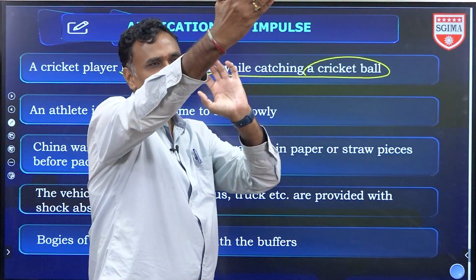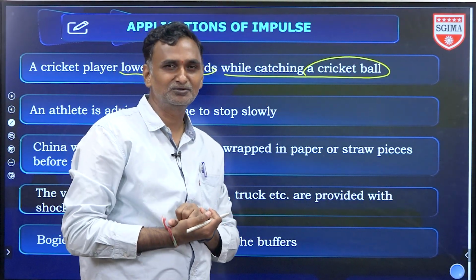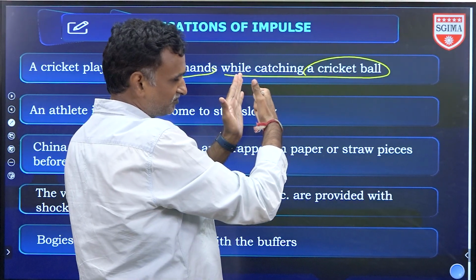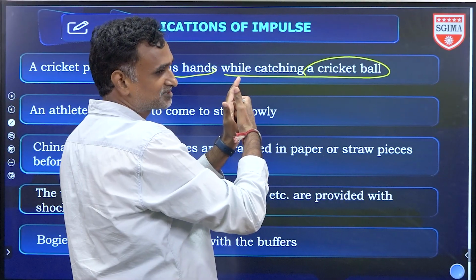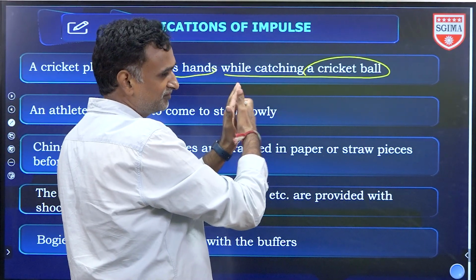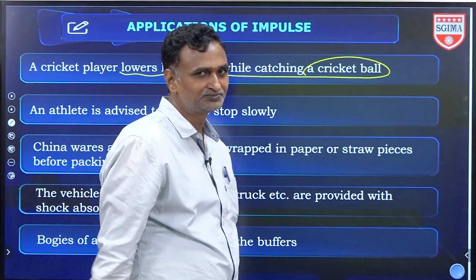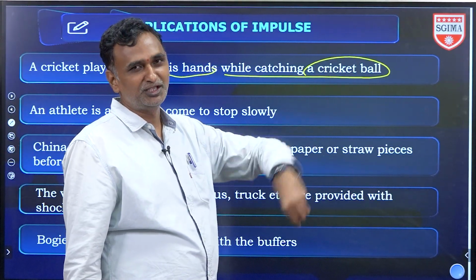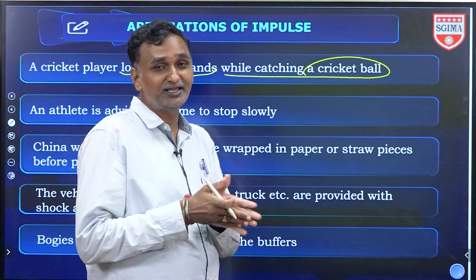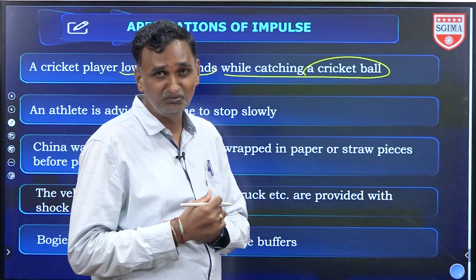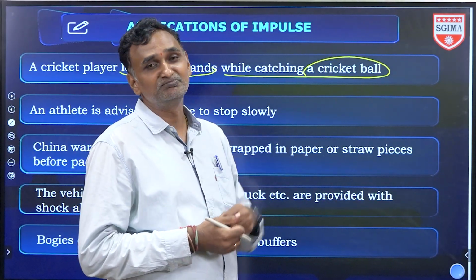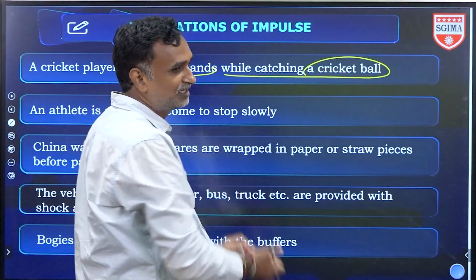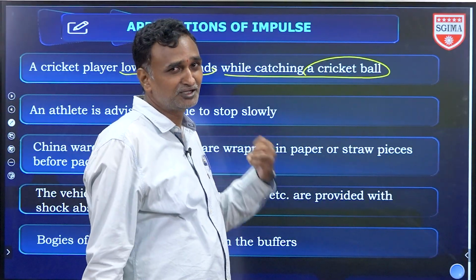So suddenly a change in the momentum takes place, which means till here it is in motion, and after striking it comes to rest. Very small fraction of time it takes to change the momentum. So when the time is short, the impact of force will be more. To reduce this impact, we need to move our hands in the same direction as the ball.